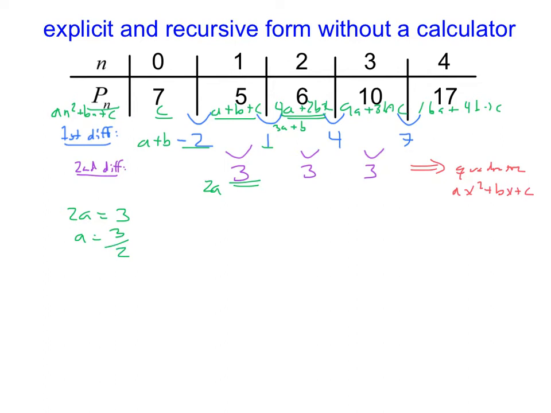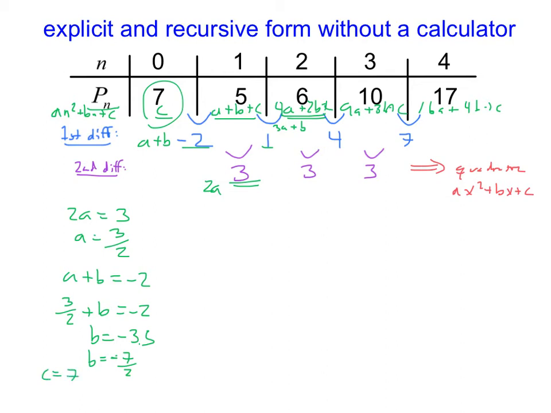Now I also know that a plus b is equal to negative 2. And a is 3 halves, so 3 halves plus b equals negative 2. b is going to be negative 2 minus 3 halves, and that's going to be negative 3.5, or write it as negative 7 halves. And the c value was right there. C value was 7.